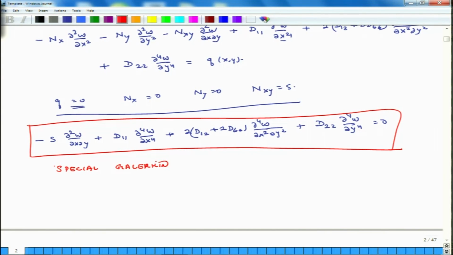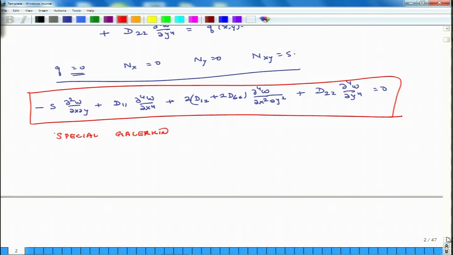Special Galerkin method. So, if that is the case, then what is the first step? The first step is that we have to choose a displacement function for w. So, we have to guess a displacement function for w which meets all the kinematic boundary conditions. So, select appropriate w. So, once again these are all mid plane displacements.